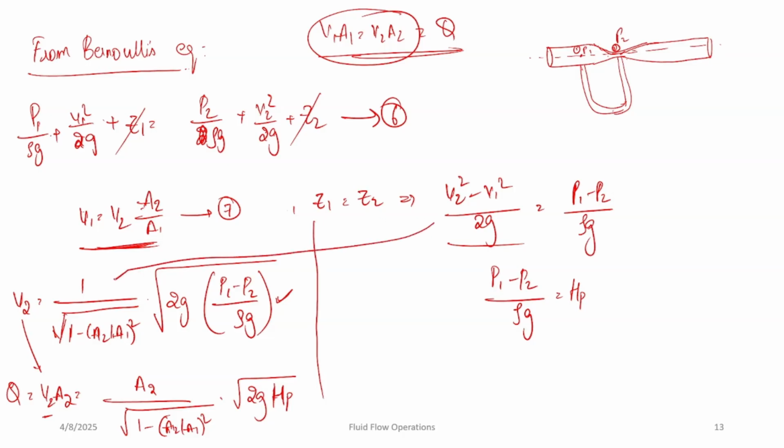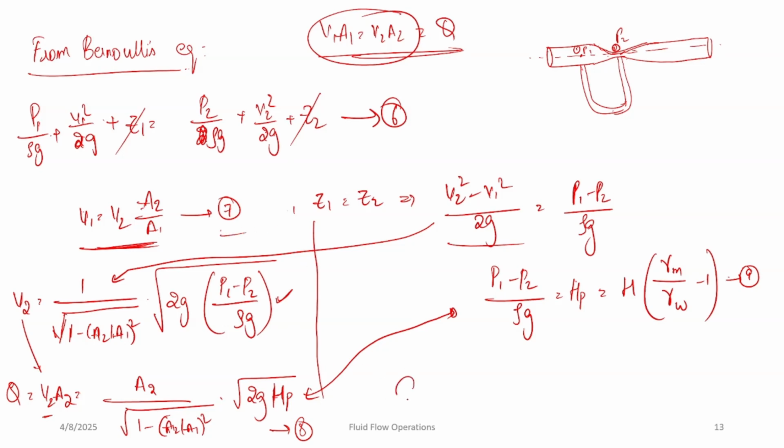Now let's take this equation here. This again will be equal to H into (gamma m by gamma w minus 1). Let's say this is equation number 9, this is 8, and this is 7.